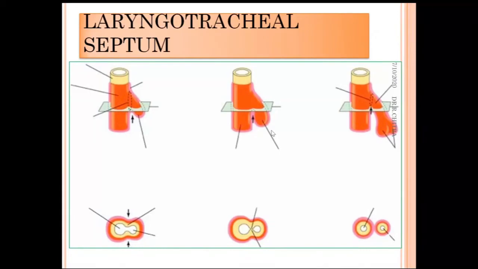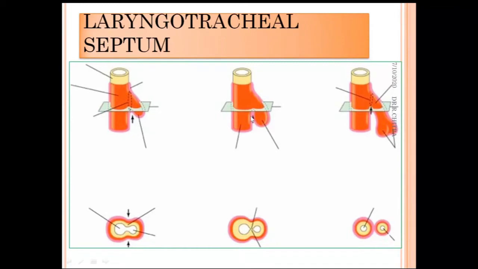The respiratory system is a derivative of the foregut. How this foregut gives rise to the respiratory system is that the laryngotracheal groove appears. That laryngotracheal groove deepens so that the laryngotracheal tube is separated from the foregut.